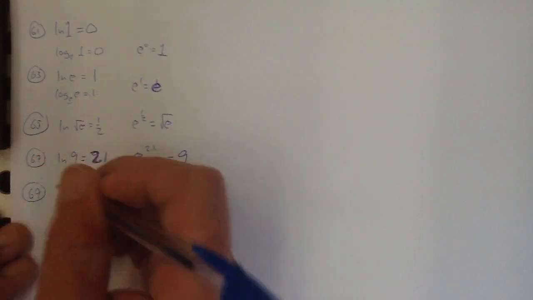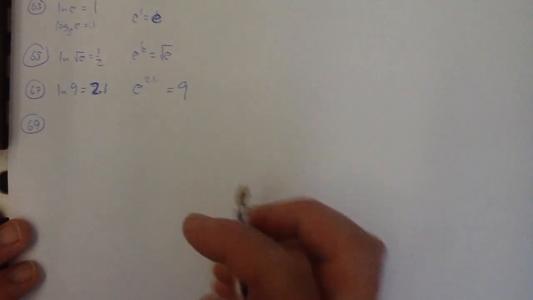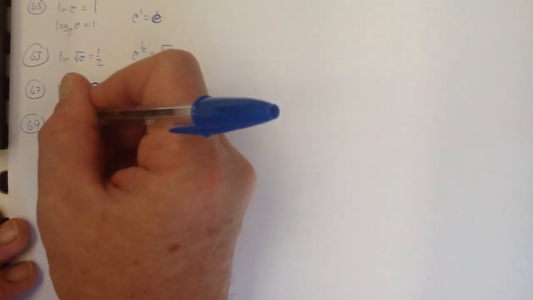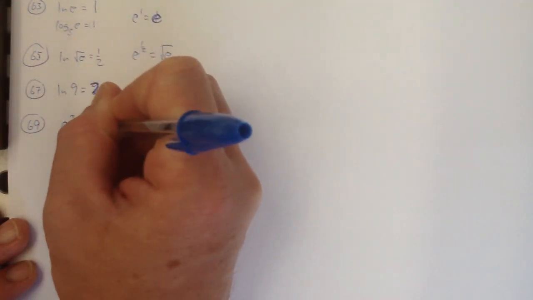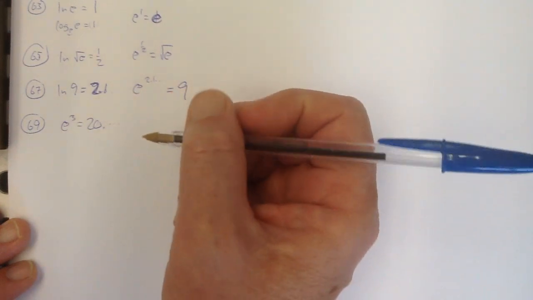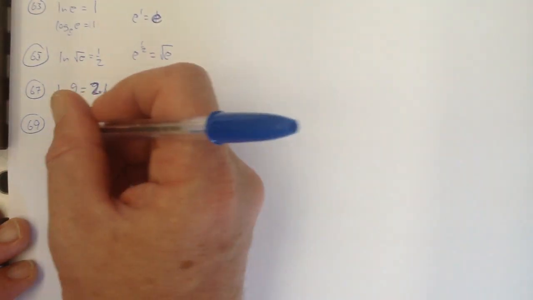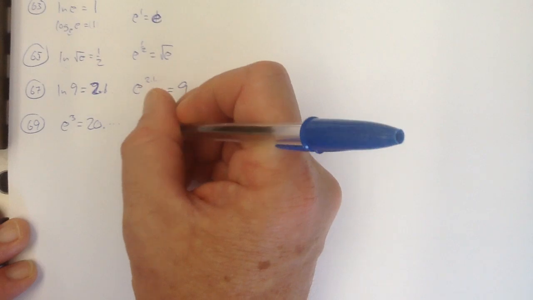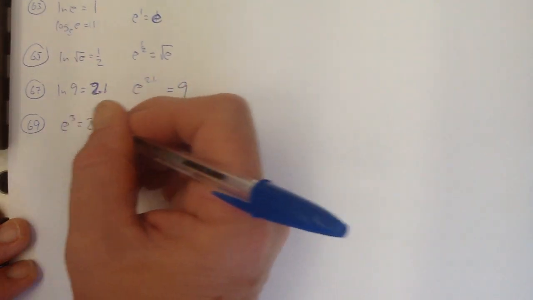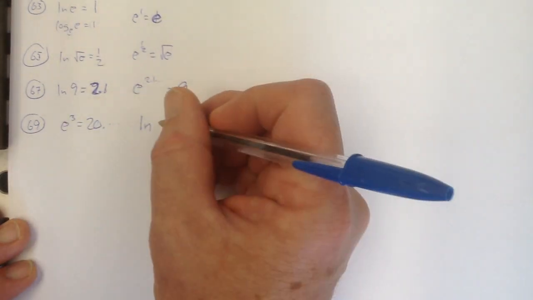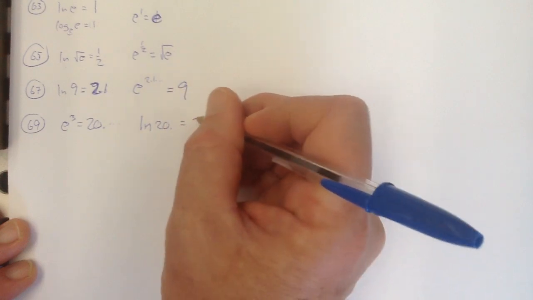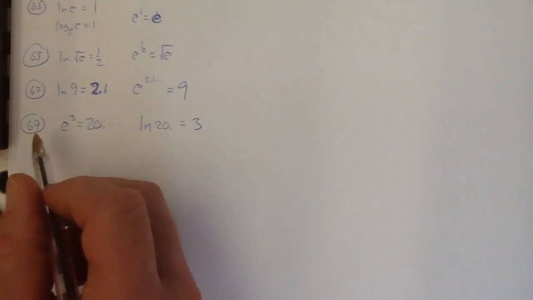Keep going. We're going to change directions now and go from exponential to logarithm. So that's true because the natural log, that's log base e, of 20 and change is equal to 3. Right?